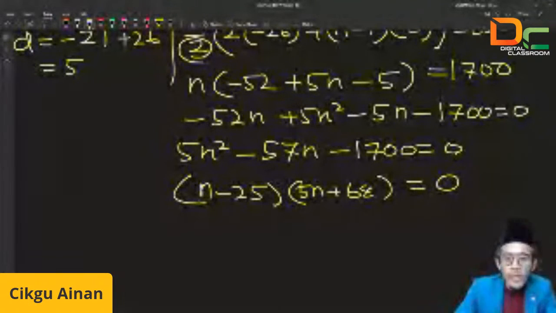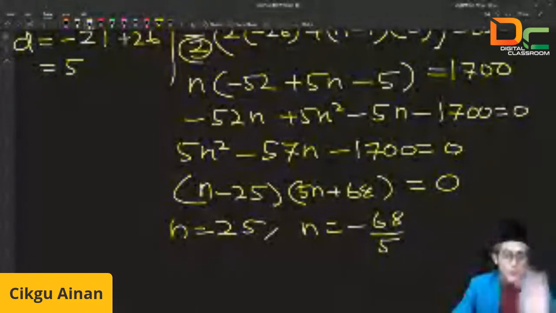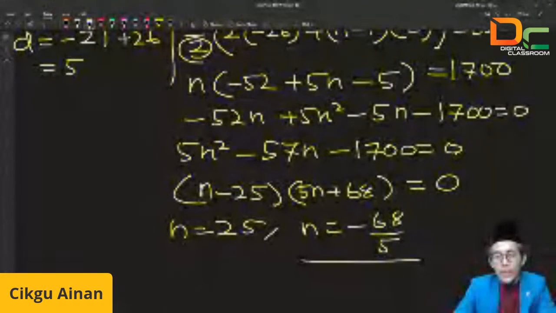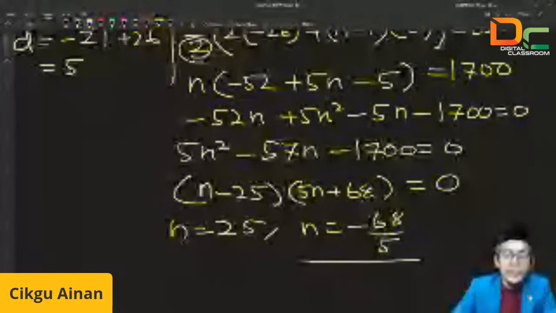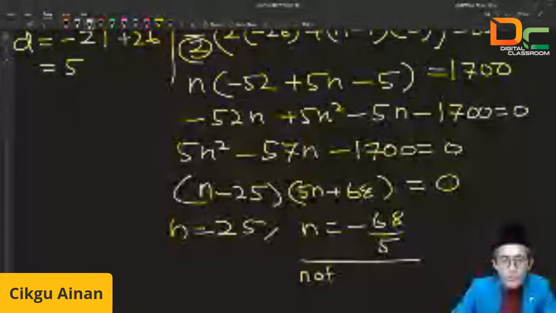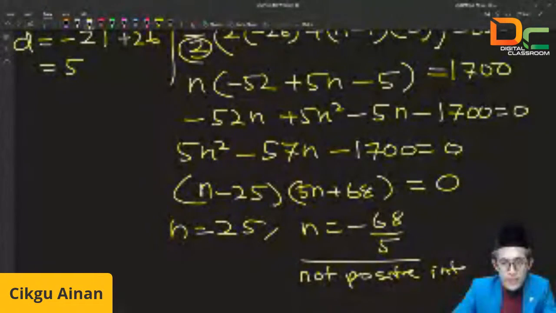So from here n equals 25, n equals minus 68 over 5. This one we can reject right away, because it is negative and also because it is not an integer, not a positive integer.